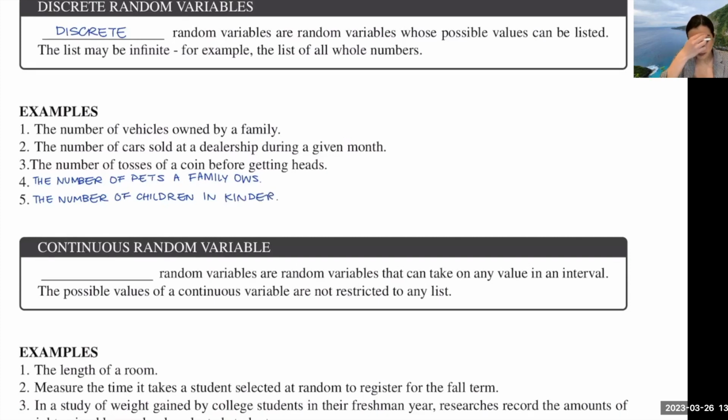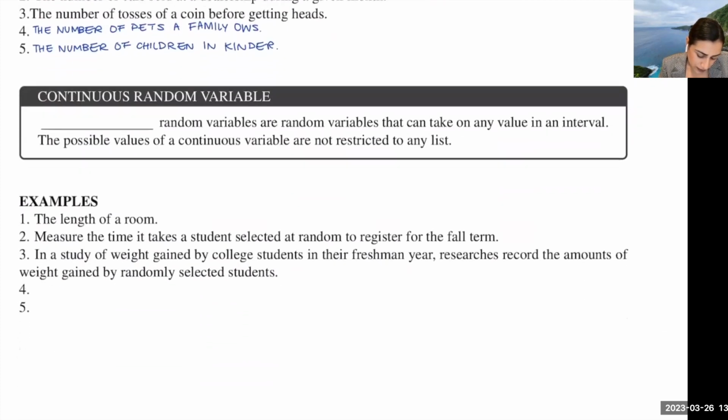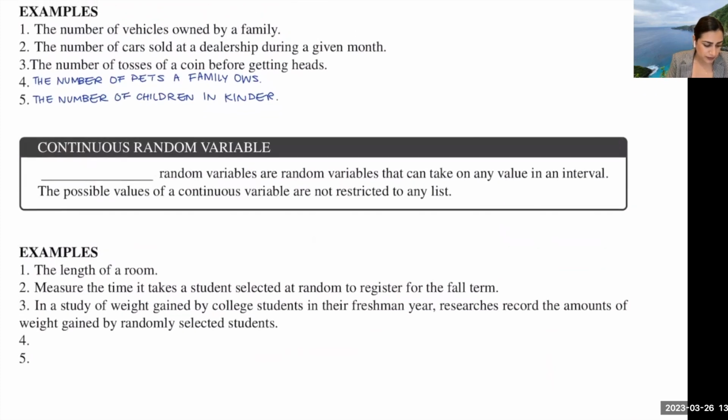Okay. And for a continuous random variable, go ahead and fill that out. So continuous random variables are variables that can take any value in an interval.